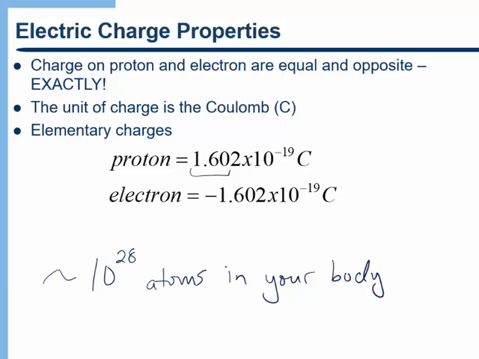So you've got even more protons and electrons than this in you. If there were even the slightest difference in charge between a proton and an electron, then everyday objects would have an overall net charge. And of course, we know that everyday objects are neutral. So these really have to be exactly the same to many, many, many significant figures.